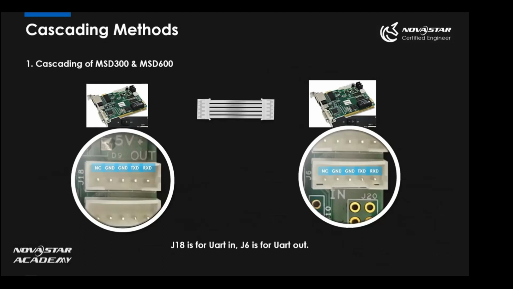It's called UART out and UART in. One is in and another one is out. So it's not difficult to understand that. We will use the cable to connect the first sending card UART out and then go to the second sending card UART in. So this is a cascading between the two MSD300 or MSD600.